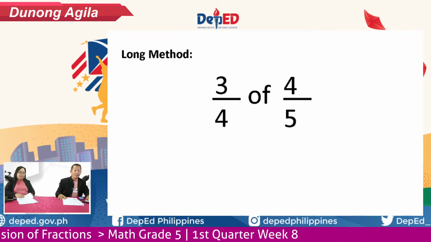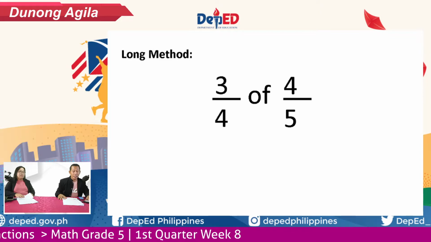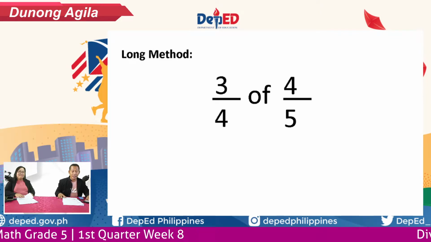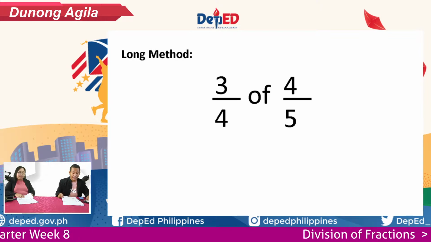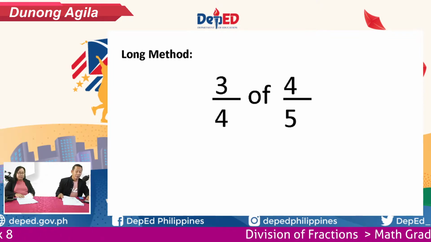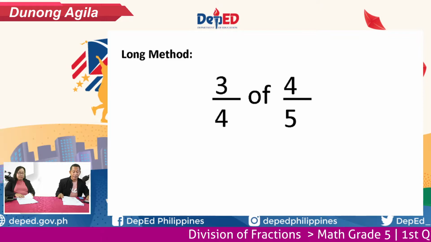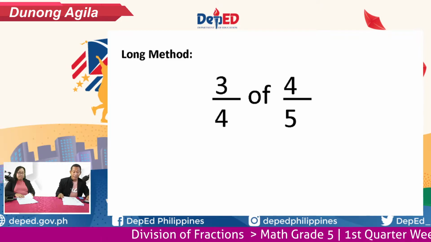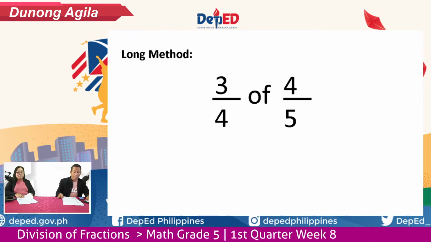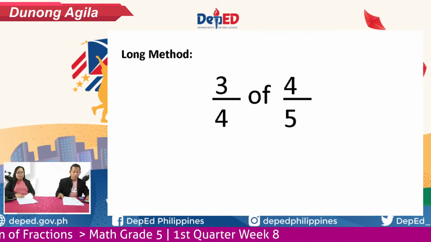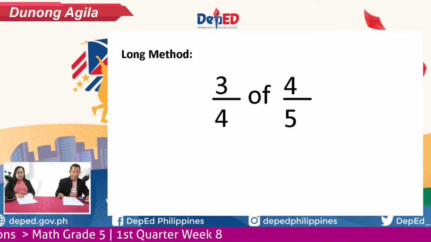3/4 of 4/5. The first step is to change it to a multiplication sentence by changing the word "of" to times or the multiplication sign. Then, multiply the numerators. 3 and 4 will give us 12. Then multiply the denominators, 4 and 5, that is 20, giving us a product of 12 over 20.